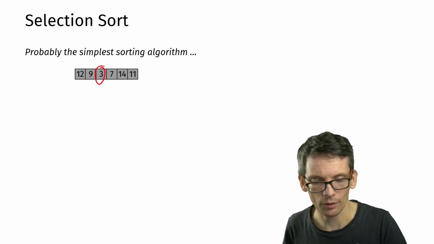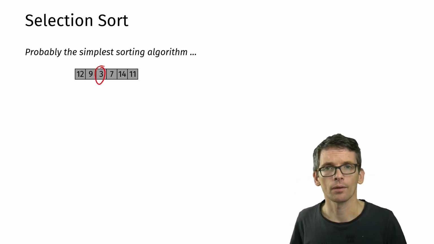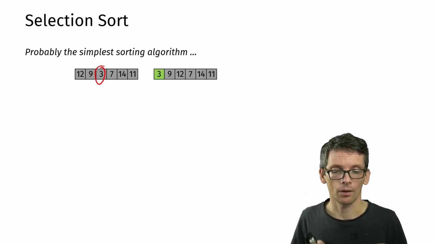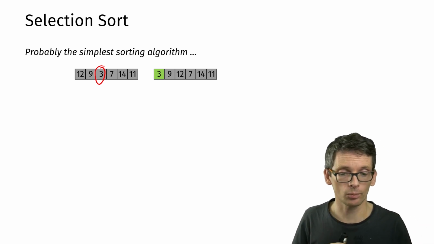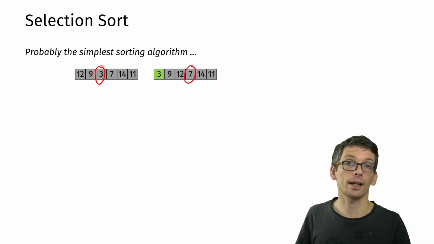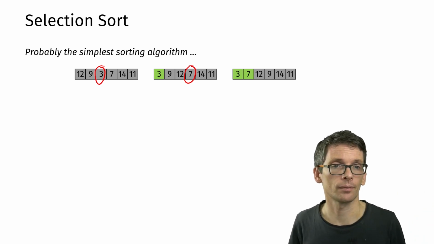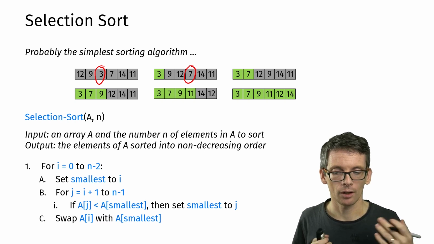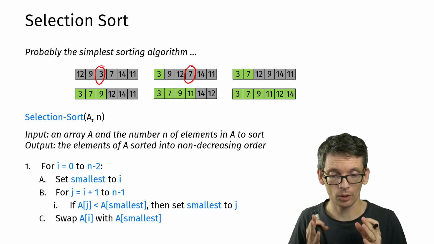So the smallest number is 3. I place 3 in front. Then I find the second smallest. The second smallest is 7. I place the 7 next to the 3. And so on. And eventually my array will be sorted.